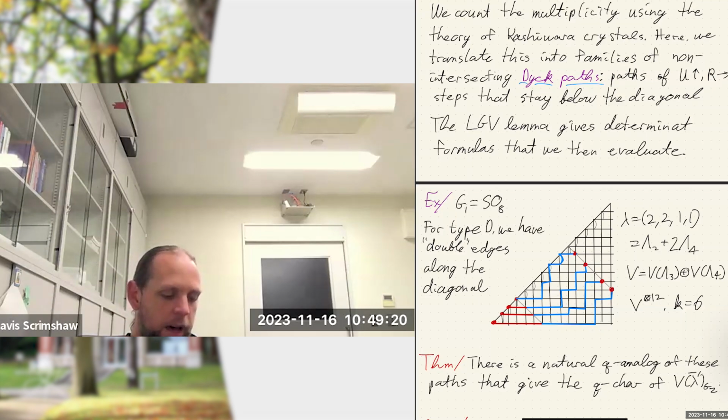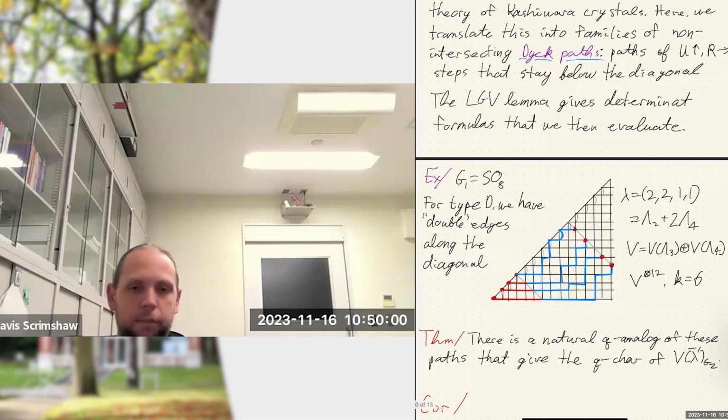And so for types B and C, it really is just lines in the triangle. However, for type D, because of that weird spinor representation being a direct sum, we have to add these extra second half edges here. So there's kind of a doubling along the diagonal, but this ends up being a natural thing from the symmetry of the type D Dynkin diagram that swaps these two nodes.